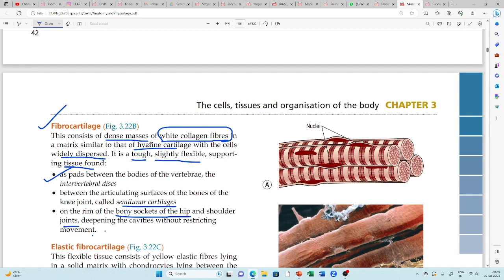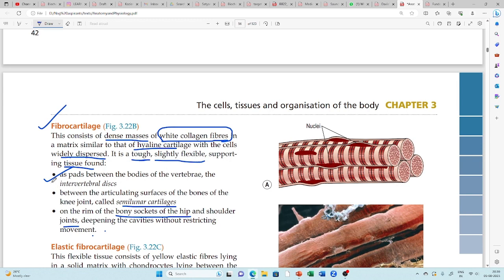The only difference is that hyaline cartilage is more flexible than fibrocartilage, but fibrocartilage is tough. It is a little bit hard and only slightly flexible, but it provides support.